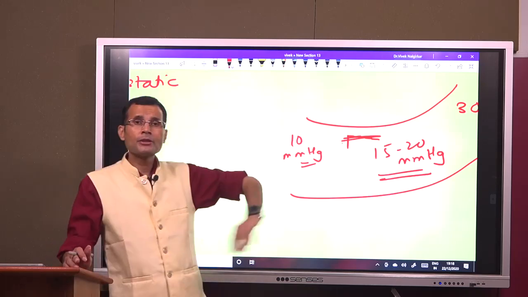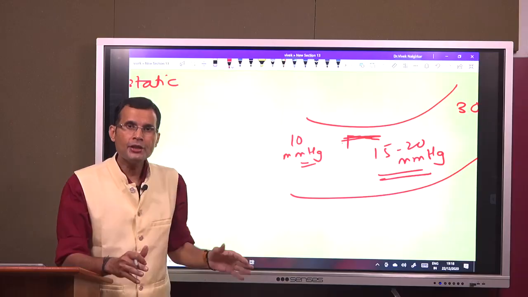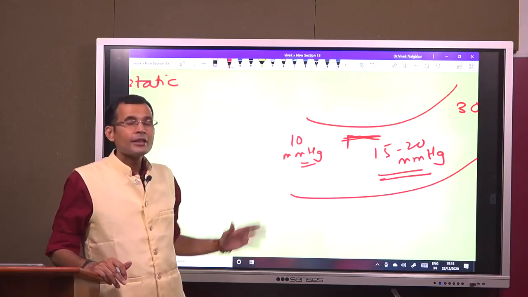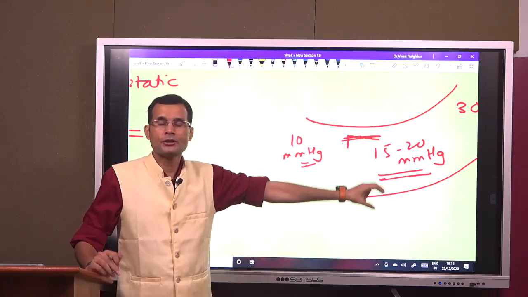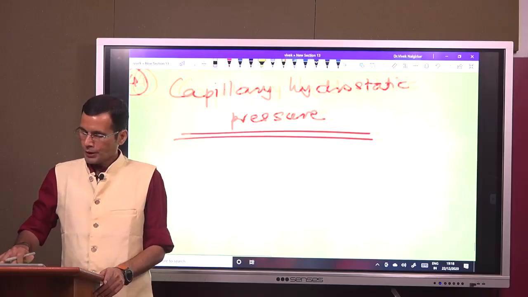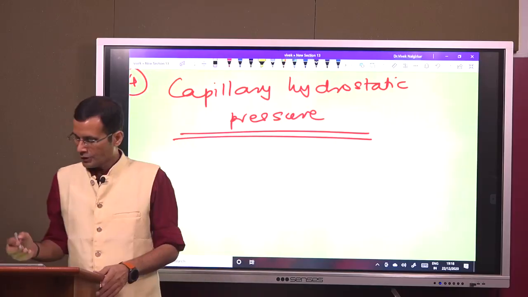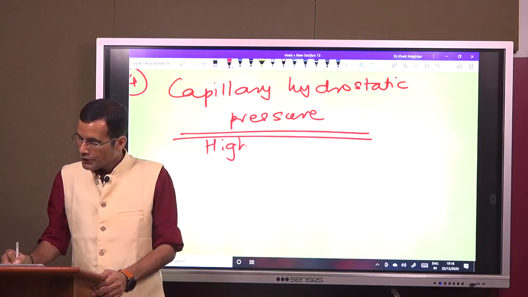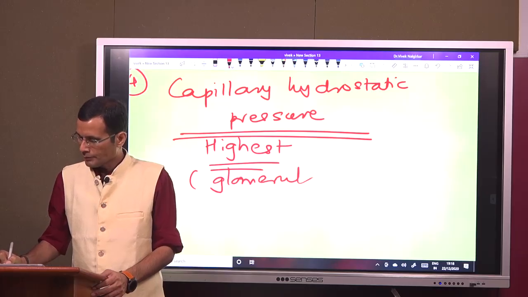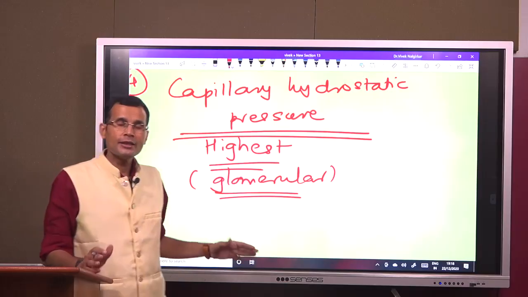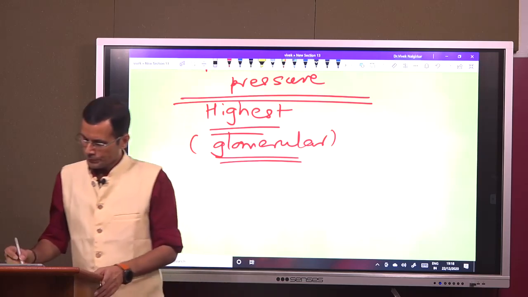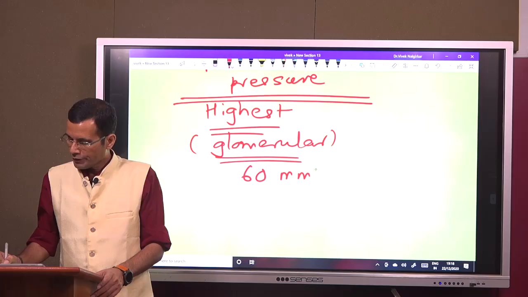That's the average capillary pressure elsewhere in the body. In the kidney, the pressure in the glomerular capillaries is 3 to 4 times this pressure. So capillary hydrostatic pressure is highest in the body in the glomerular capillaries. How much is it? Look, different figures are given in different books. It is 60 mm of Hg.